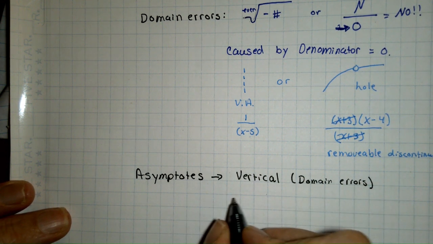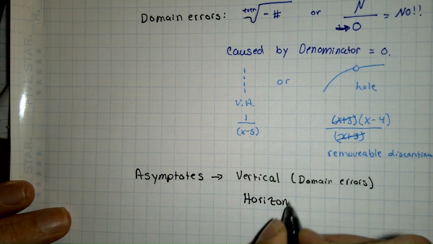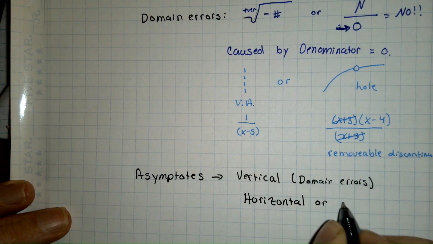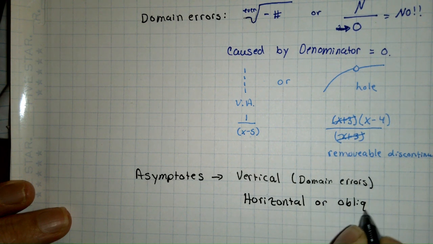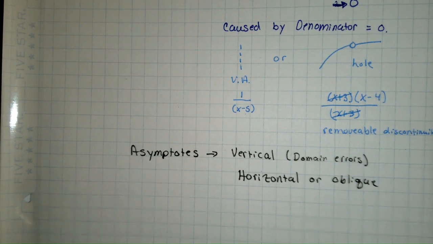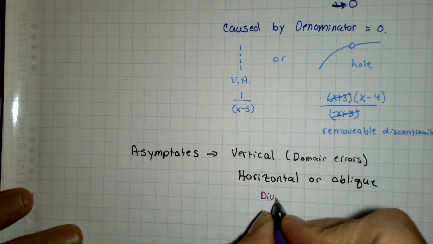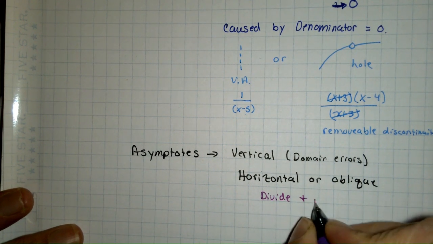And horizontal or oblique. The way your horizontal and oblique asymptotes are found is by dividing, and you ignore the remainder.